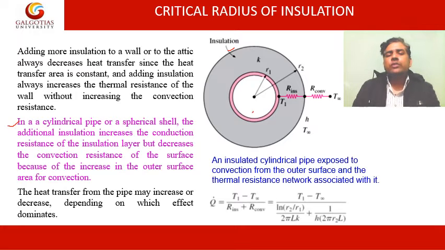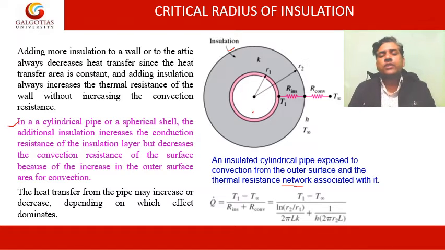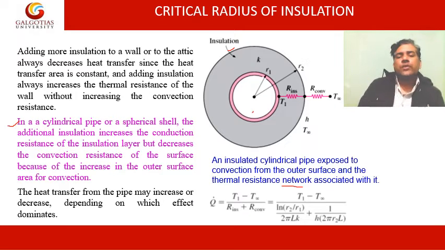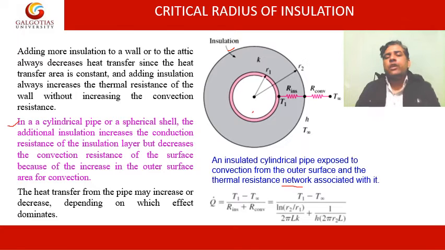If we utilize the thermal resistance network analogy over here, we can say that the heat transfer rate is T1 minus T infinity upon R insulation plus R due to convection. By adding insulation, the convection heat transfer will be prominent. So this is the formula that we will get after the addition of insulation.